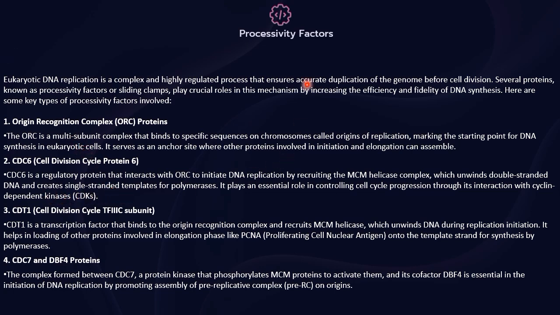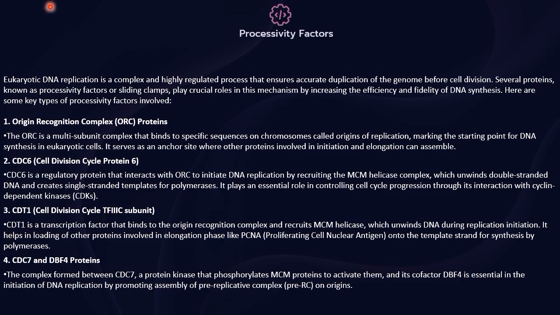Then comes CDT1, which stands for cell division cycle, TF3C subunit, where TF is transcription factor and this 3 indicates the type of RNA polymerase on which this factor acts, that is RNA polymerase 3, which is responsible for the synthesis of tRNA.